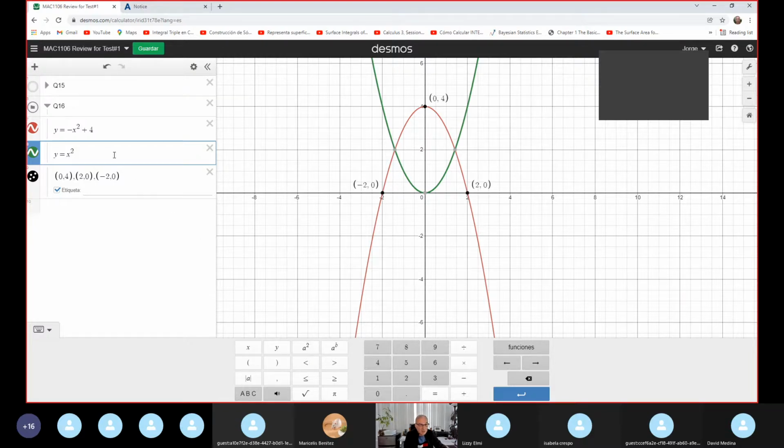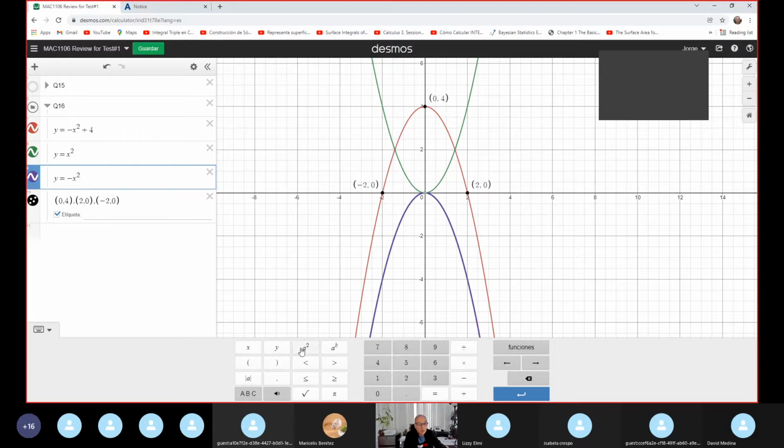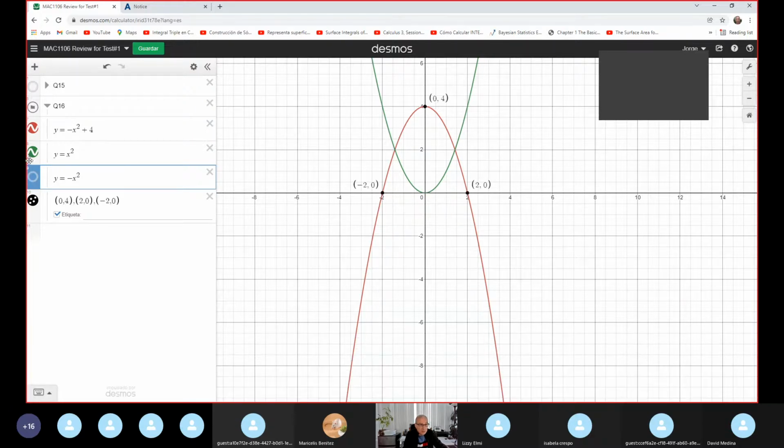And after that, reflection, y equal minus x squared. Wow, reflection. And finally, plus 4, we get the original. If you want, this helps me to understand this, okay? However, if you want to delete, no need to delete, just disable this, like that, and like that. This is my original graph.